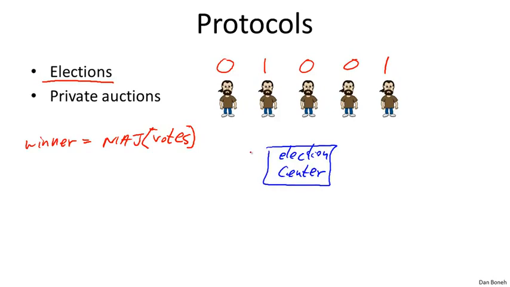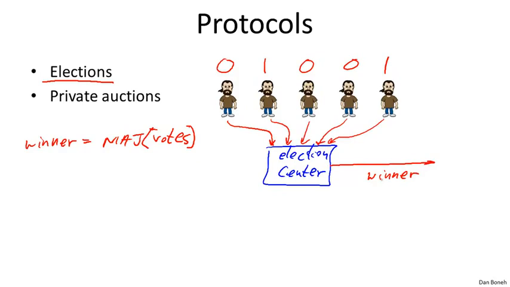What the voters will do is each send a funny encryption of their vote to the election center in such a way that at the end the election center is able to compute and output the winner of the election. However, other than the winner, nothing else is revealed about the individual votes. The individual votes otherwise remain completely private.